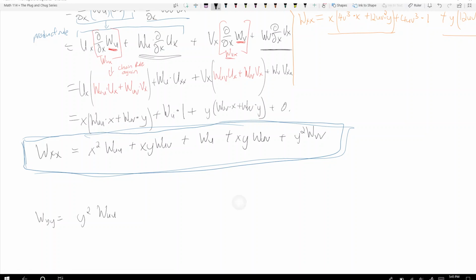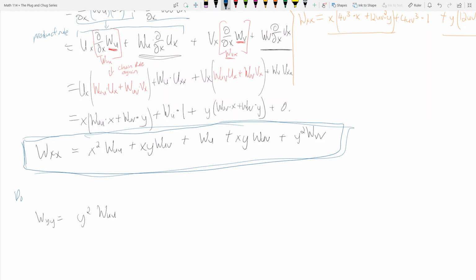So do this part by yourself, using the exact same steps I did up above.